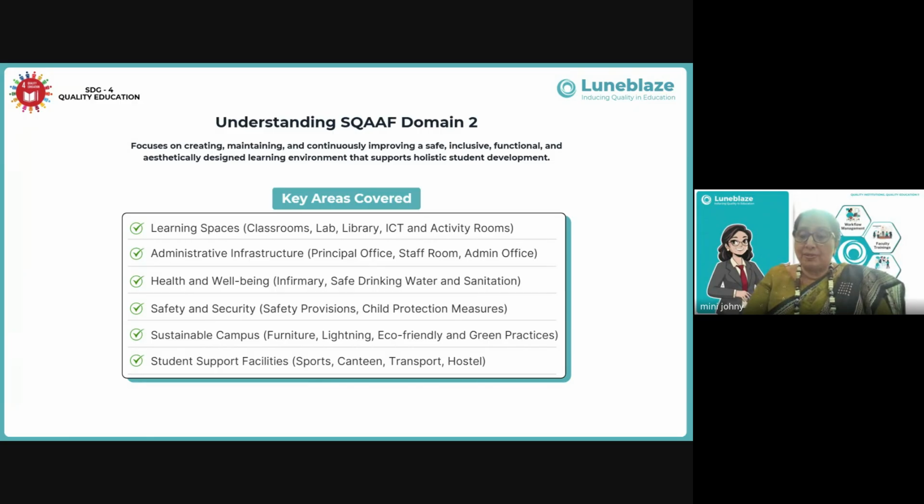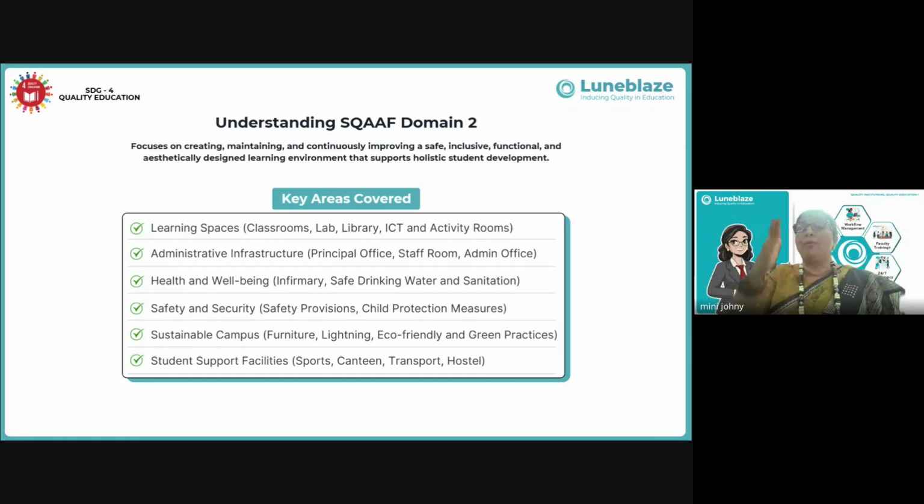Our labs: physics lab, chemistry lab, biology lab, computer lab, robotic lab, math lab, whatever labs you have, library, ICT, activity rooms. These are all our learning spaces. When we come to school, everything is a learning space for us. Our ground is a learning space. Our garden is a learning space. What not? Our small kitchen is a learning space.